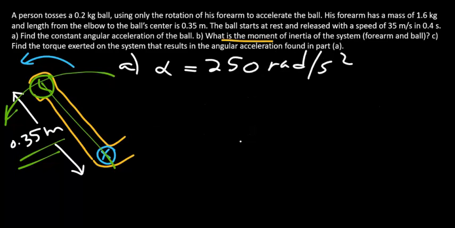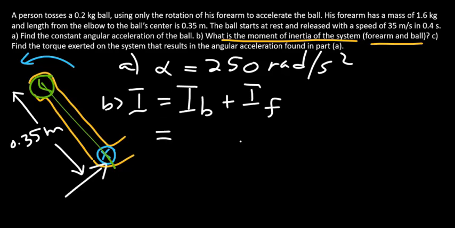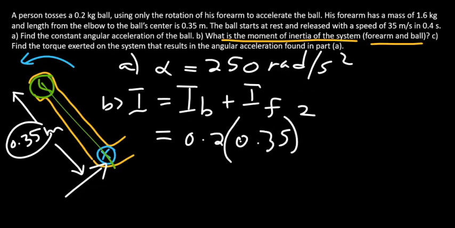Part B. What is the moment of inertia of the system, forearm and ball? The moment of inertia of that system can be obtained by summing the separate moments of inertia of the ball and the forearm. The ball can be treated as a point particle, so its moment of inertia about that axis of rotation is its mass, 0.2, times the distance from the axis of rotation squared. So in this case, it's 0.35 squared.